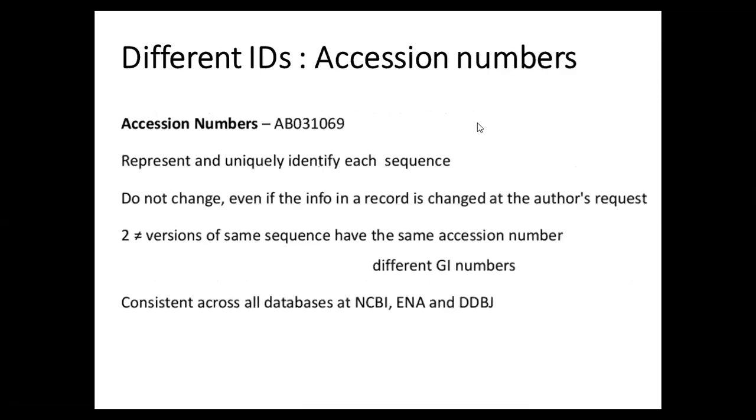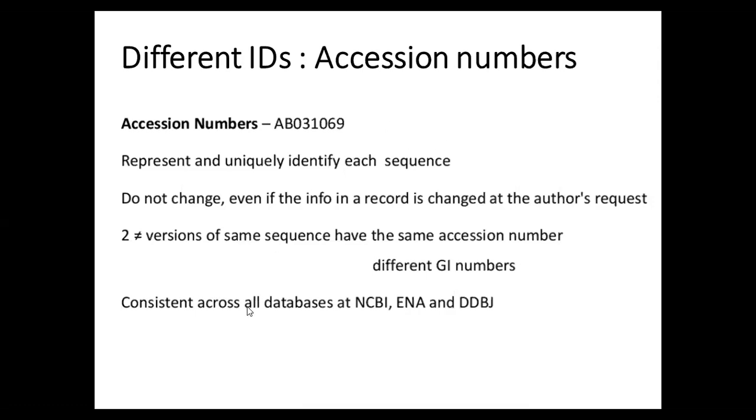And the accession numbers are something different. Accession numbers identify the sequence uniquely. If there are two versions of the same sequence, they would have the same accession number. It's not like the previous GI number. As I told you previously, if someone uploaded some sequence and made a correction the second time, this accession number would have two versions, but the same number.